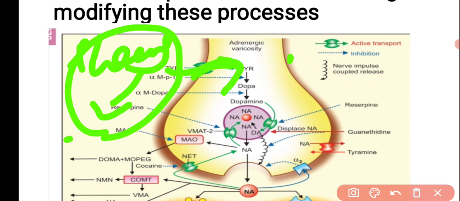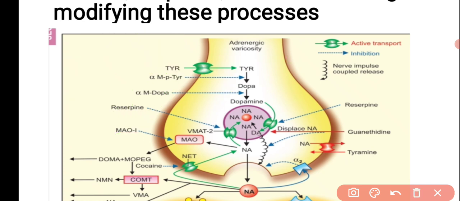Upon uptake, tyrosine is converted into dopa by the enzyme tyrosine hydroxylase. Dopa is then converted into dopamine by dopa decarboxylase, so decarboxylation takes place. The dopamine is then taken up into the storage vesicles of the nerve endings.